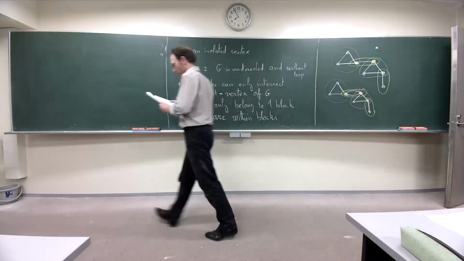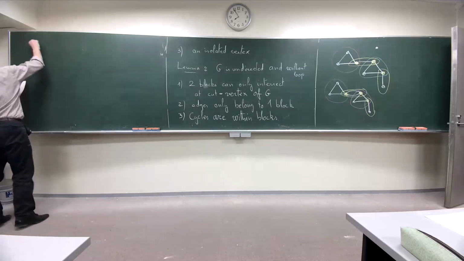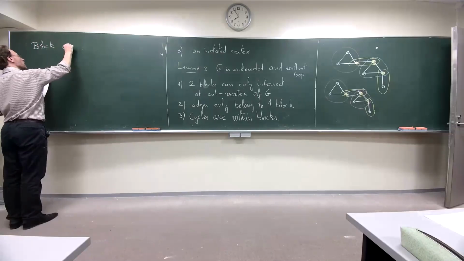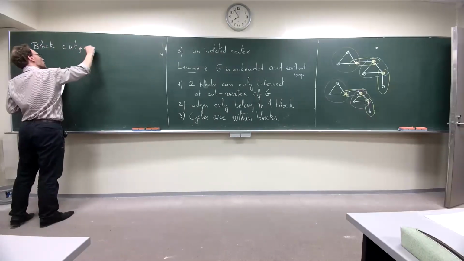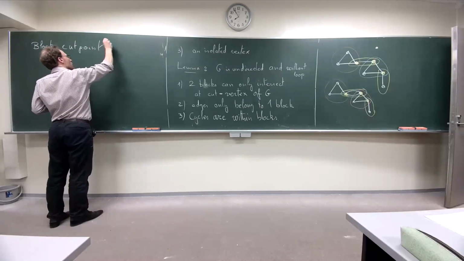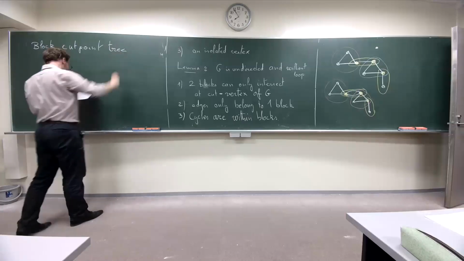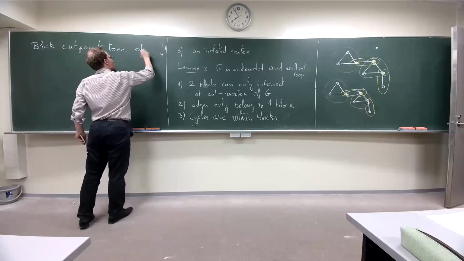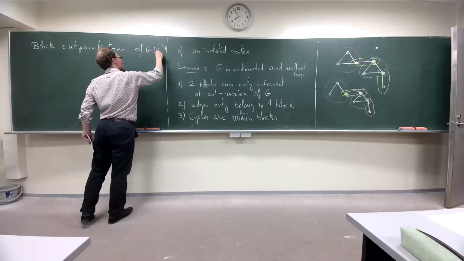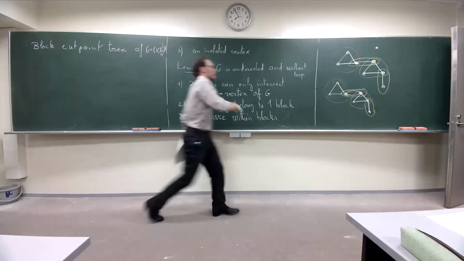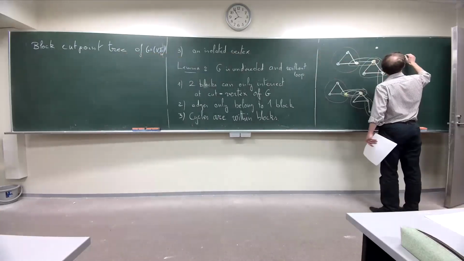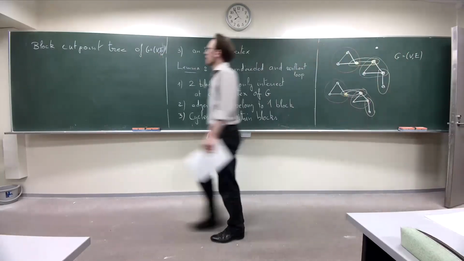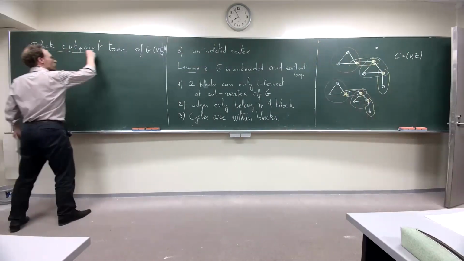And then I realize what is called a block cut point tree, because it's going to be a tree of G, which is V, E. This is my initial graph G, which is V, E. So what is this block cut point tree?